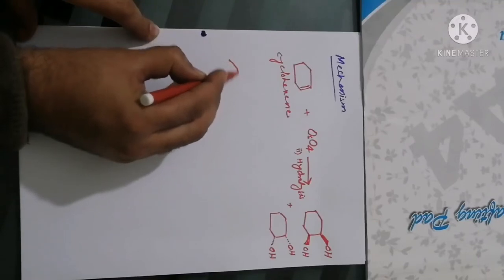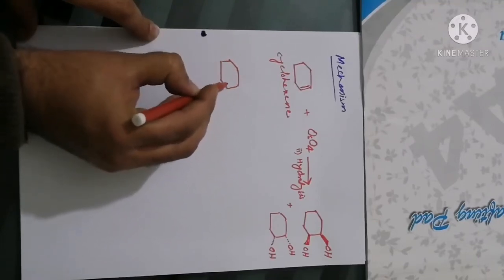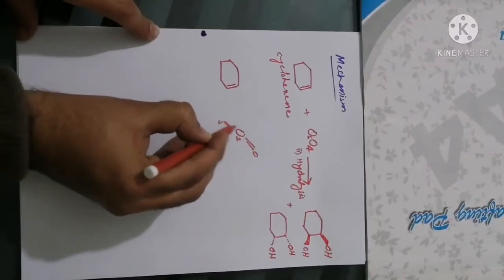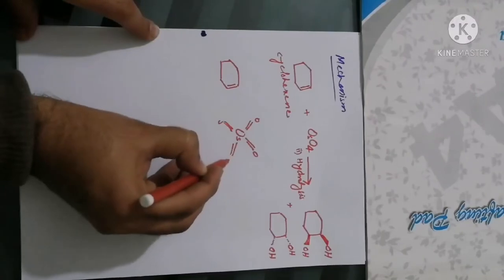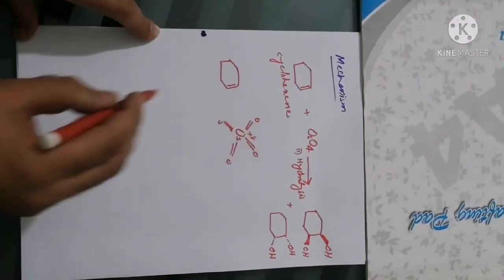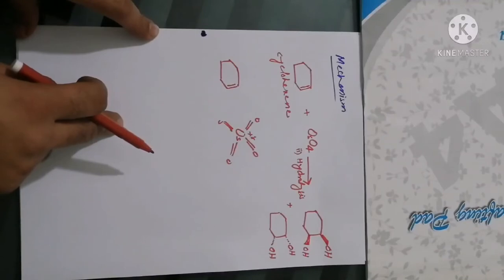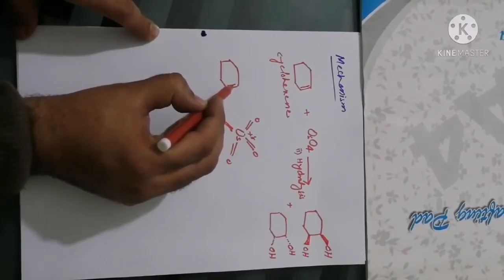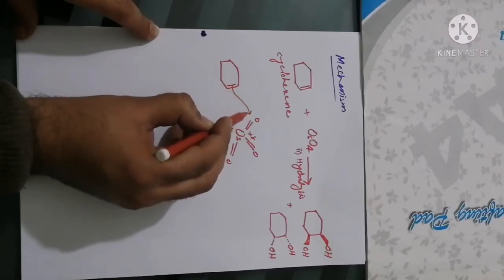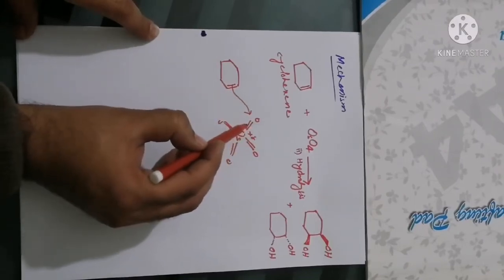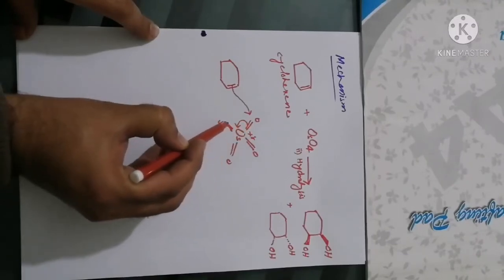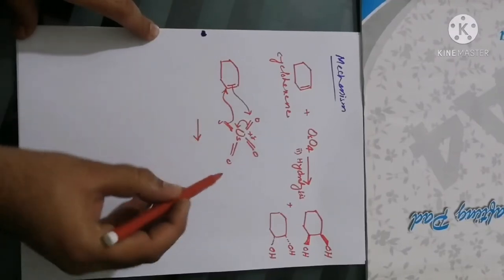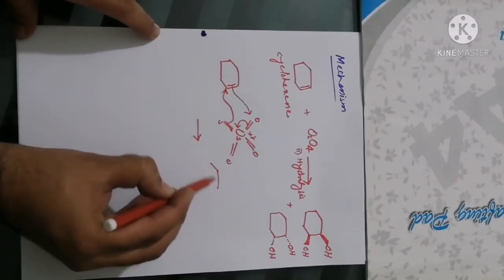So the alkene here acts as a nucleophile, and since osmium is partially positive, in the first step this attacks over here, this bond comes here and here, and so we get an osmate ester.